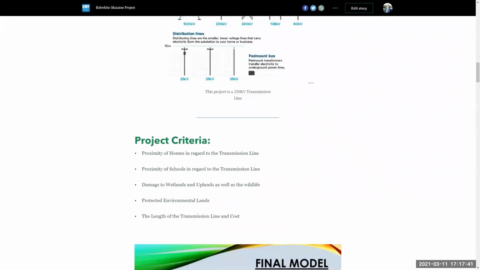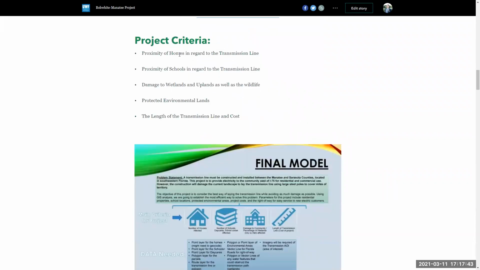So again, criteria for this project, we need to know how close homes are in regards to the transmission line, how close the schools and daycares are, the damage to environmental lands, such as protected lands, conservation lands for wildlife or state parks, also the damage to wetlands and uplands in the vicinity of the transmission line.